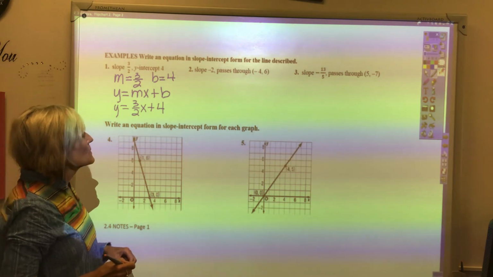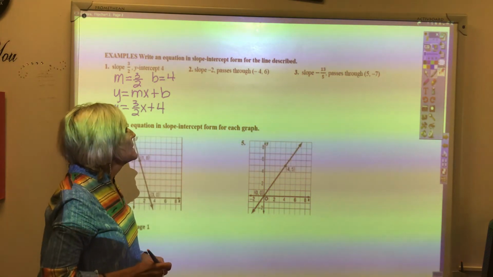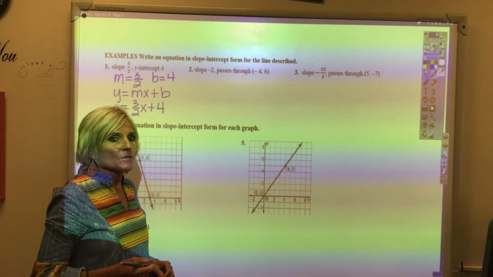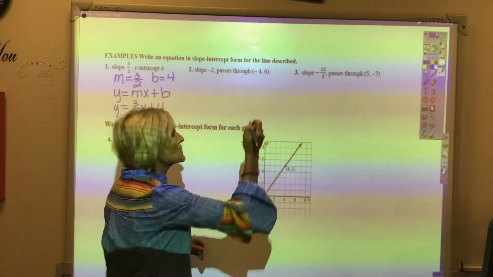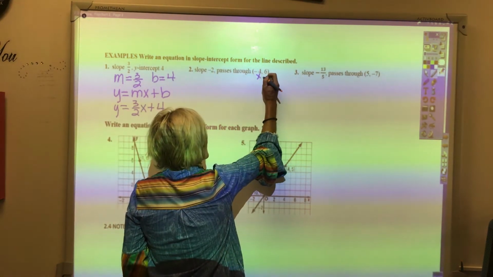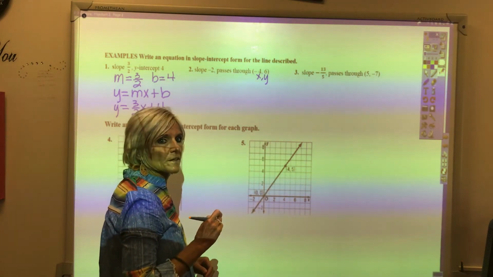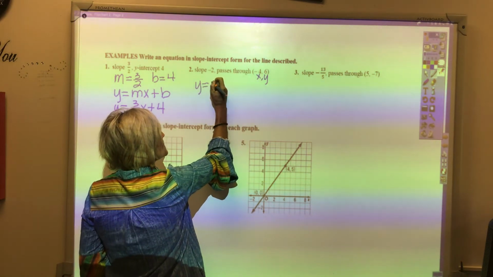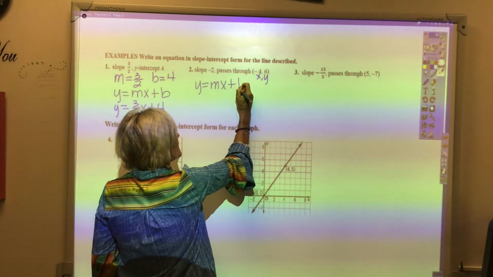Okay, on the second example, we have a slope of -2 and a line that passes through the point -4, 6. What I would recommend is underneath the -4, 6, put x, comma, y. That will tell us what to sub into the formula. Again, the formula is y equals mx plus b.